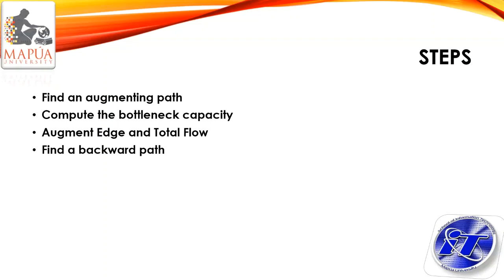Add everything, so that we could know what is the capacity left for the other paths. And fourth, find the backward path or backward edge. Again, this will show the used capacity.